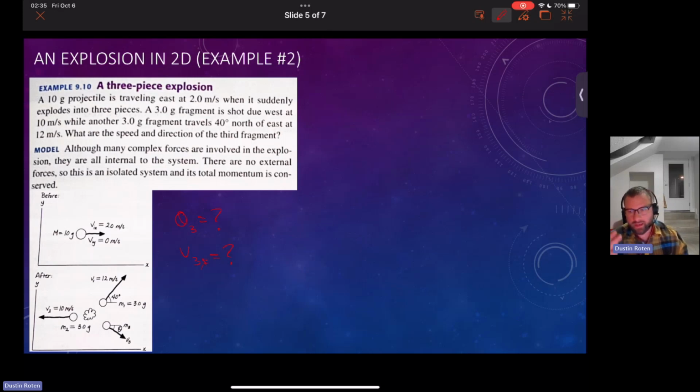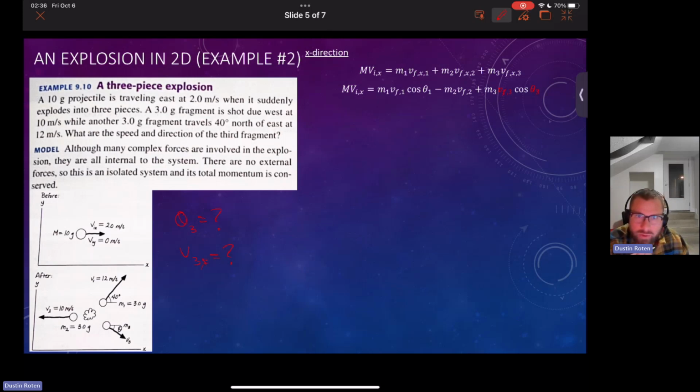So we have 2 unknowns we're trying to solve for, which means we're going to need 2 equations. Luckily, this is a problem in 2 dimensions, so we're going to have an x equation and a y equation. So it'll be like pre-calc again, for those of you that have pre-calc, or in high school it'd be math 2, math 3, I guess, for those of you that did Common Core math.